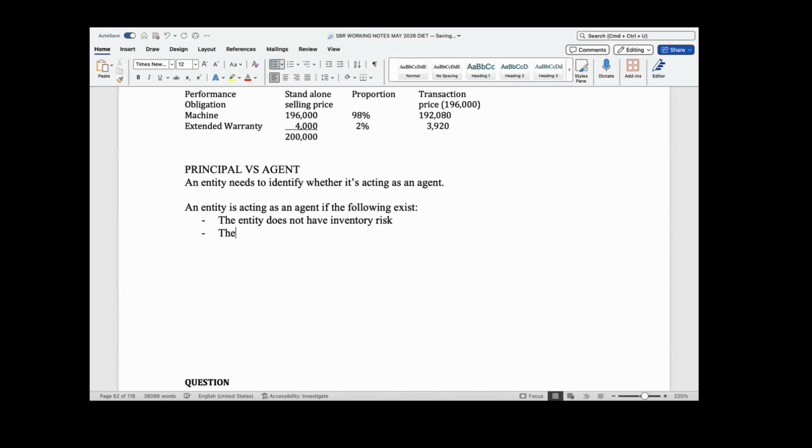Number two, the principal is responsible for the fulfillment of the service or goods. Ultimately, it is the principal that will render the service.